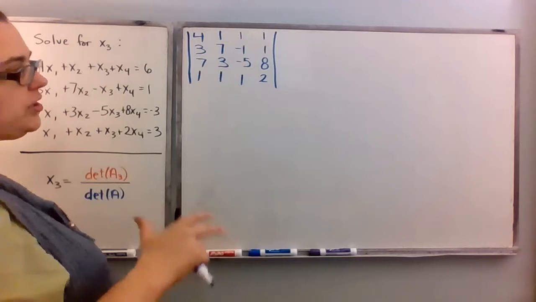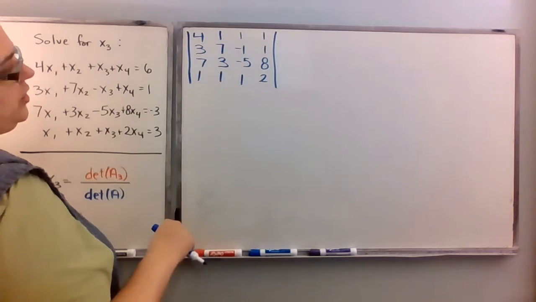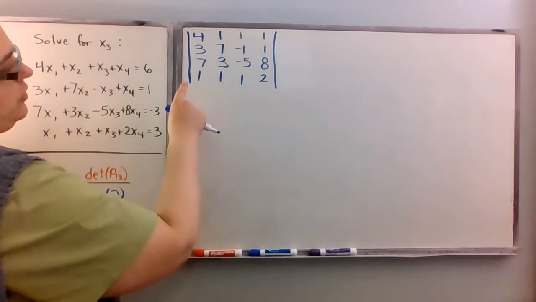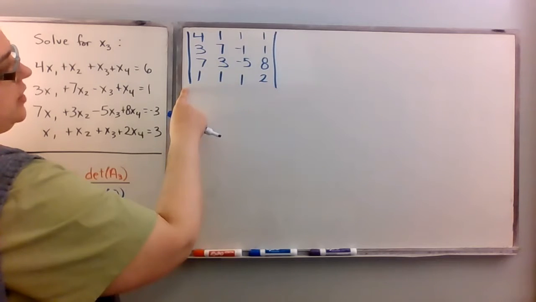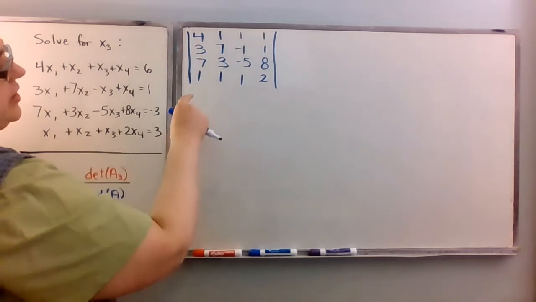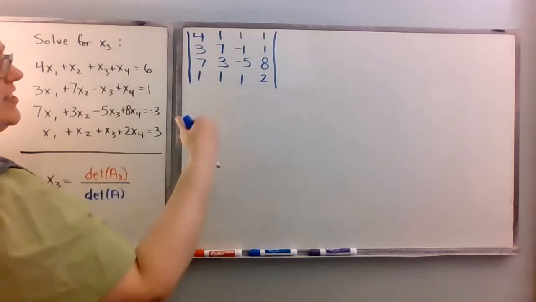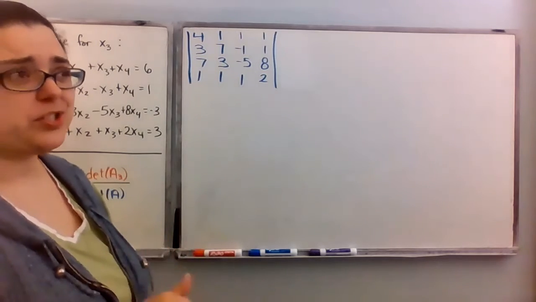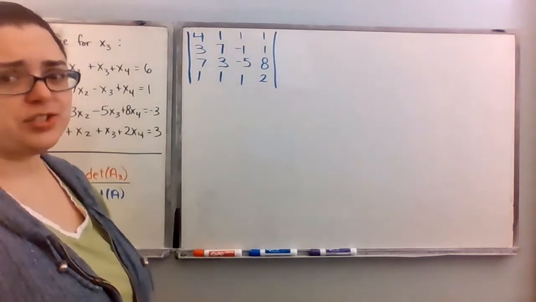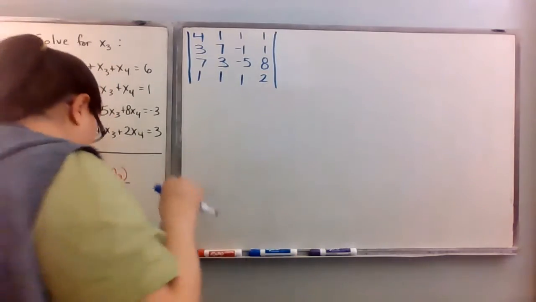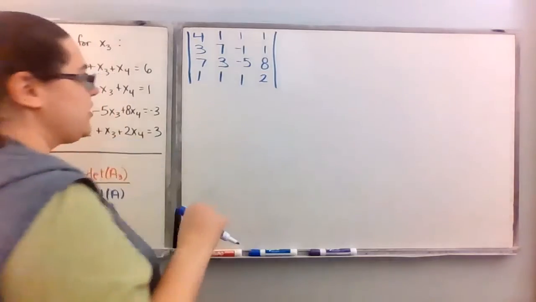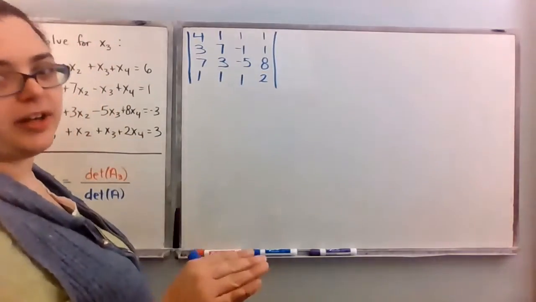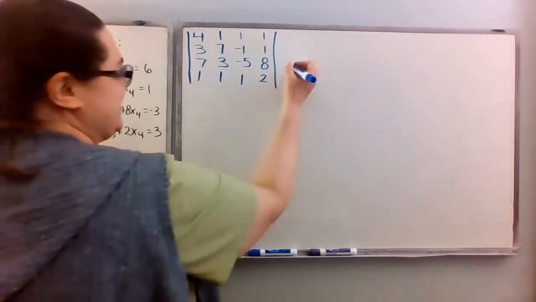I am going to start out by switching row 4 and row 1, because there's a 1 here, and that's going to make it easier to do some subtracting, but pretty sure we're going to end up with some big numbers and some fractions for this problem. Oh, golly, I just stepped on a marker cap. We'll survive.